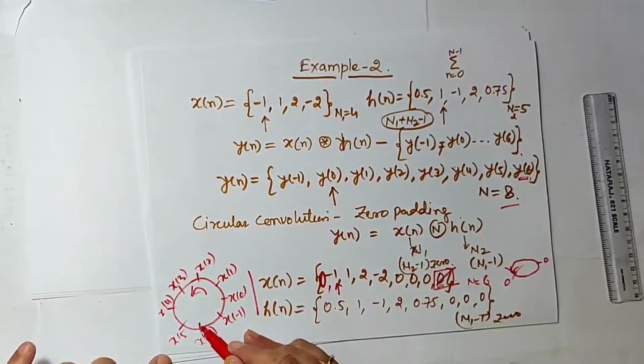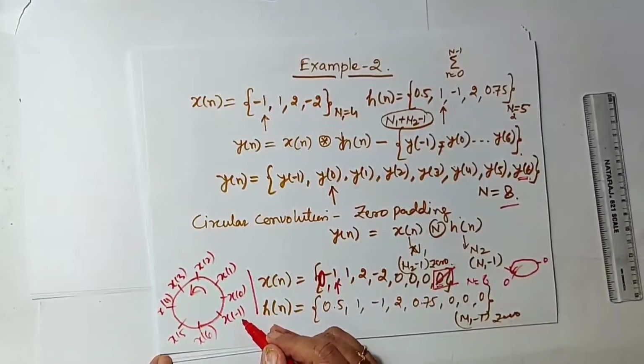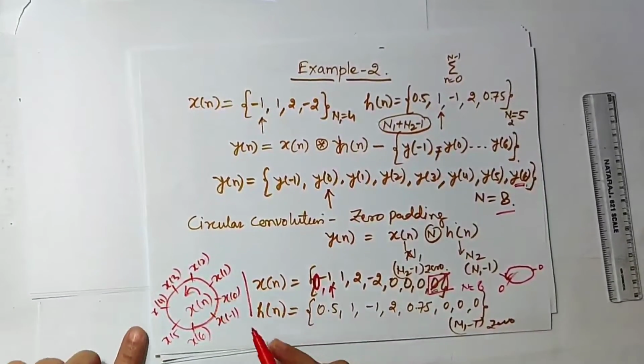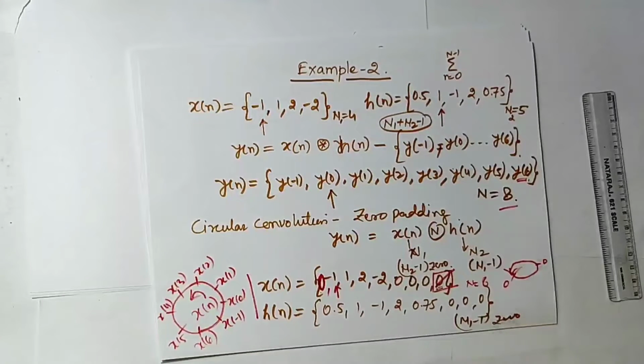The sequence should be closed. Then x of minus 1. This is the circular shift of xn. This is the placement of the xn sequence on a circle. Now you can solve it.